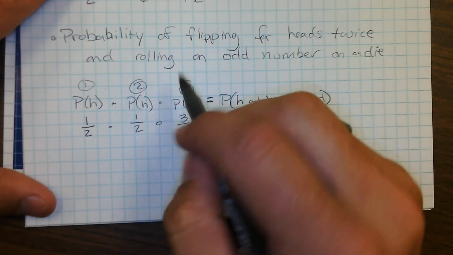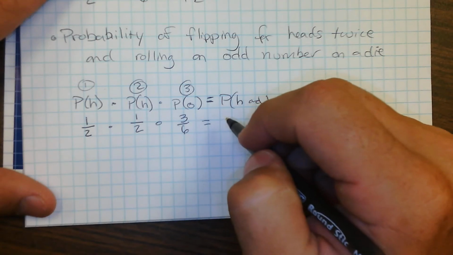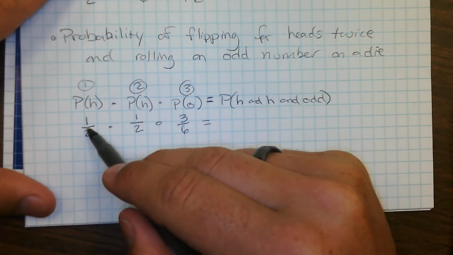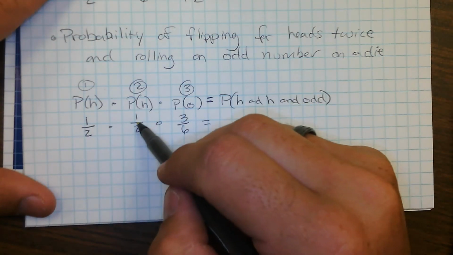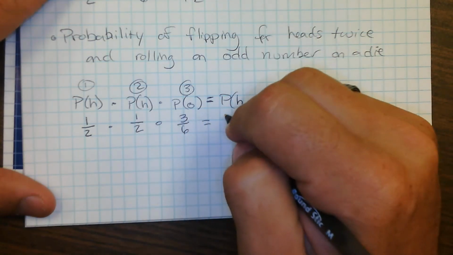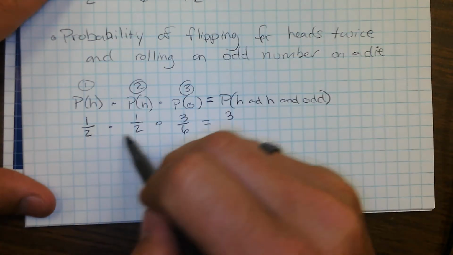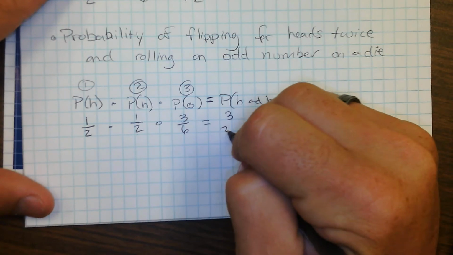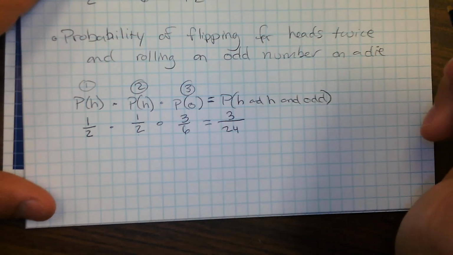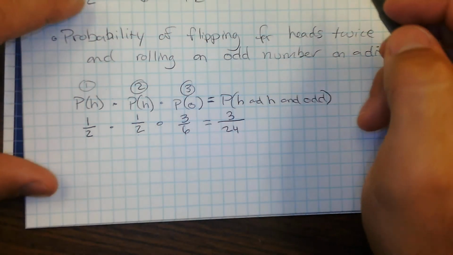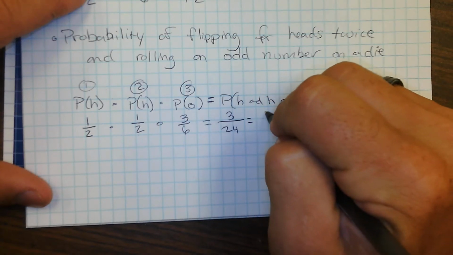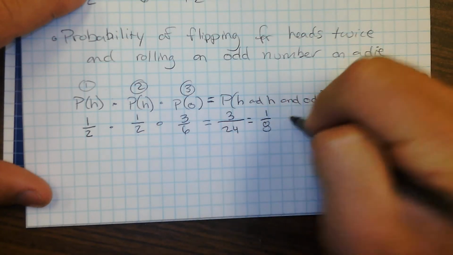Okay. Now, all I'm going to do is multiply the top. So 1 times 1 is 1, times 3 is 3. Multiply the bottom. 2 times 2 is 4, times 6 is 24. So the probability is 3/24, or 1/8.